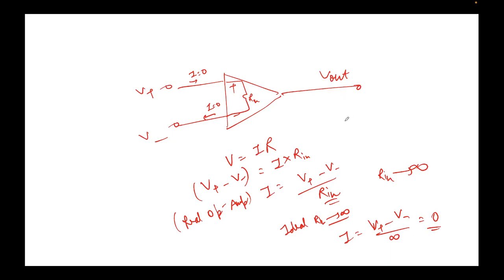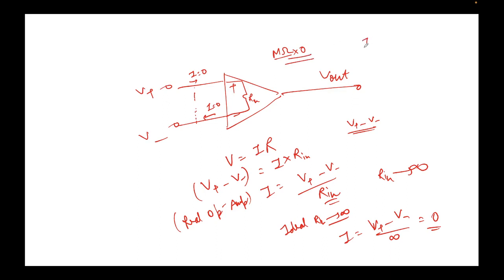Now let's look at this expression, V plus minus V minus. Since there is no current flowing through here, we simply assume that it's a short. The current is so low that there will be virtually no voltage drop if we apply a KVL in this circuit. Even if Rn, let's say, in the real life scenario, is some mega ohms, the current here, because we are assuming an ideal case, would be 0.